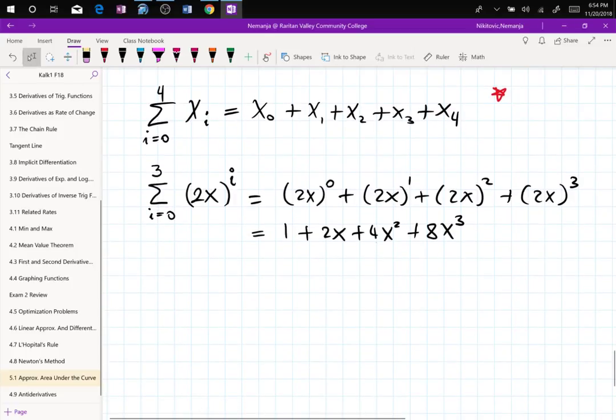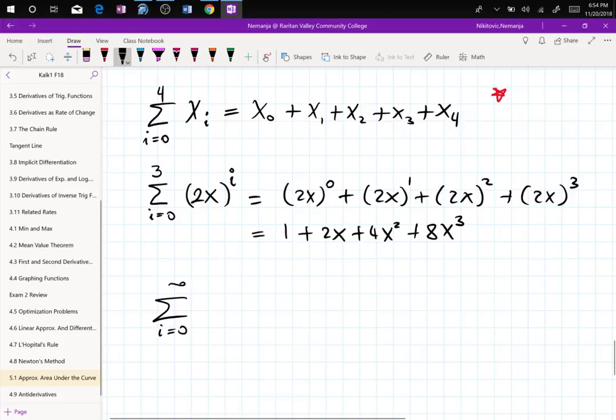Now, why do we want this? Well, we are going to go to the n, and then we're going to go to infinity. The ones that I showed you so far are all finite. You can have an infinite sum, and that's going to go from i starts at 0 or 1 to infinity. Now, if you have this, you're going to have 0 plus 1 plus 2 plus 3 plus 4, going on forever and forever, because you never stop.